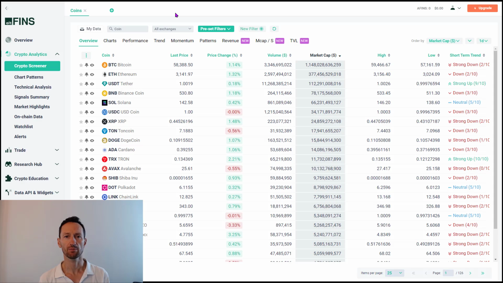So having stop losses as well as other risk management techniques like the proper trade size and also the reward to risk ratio. Using these techniques is absolutely critical for success in trading, and particularly long-term success in trading, so you stay in the game and don't blow up your account.